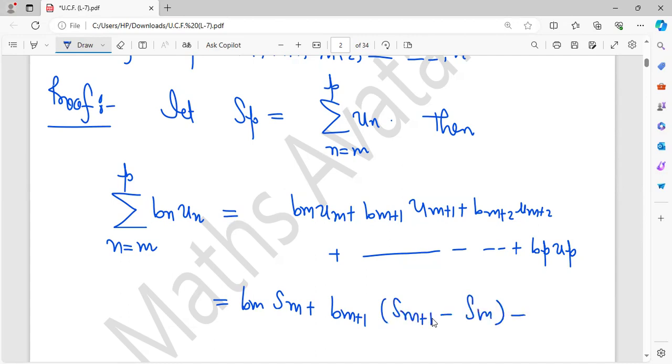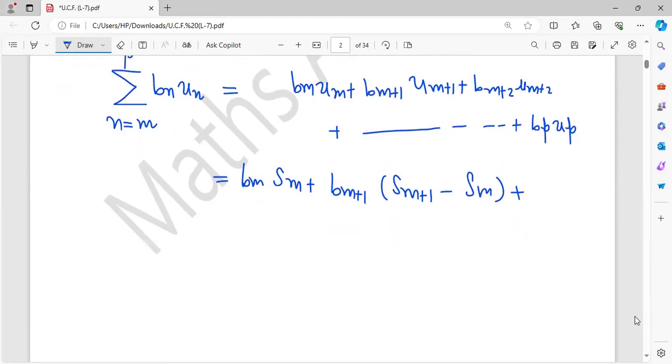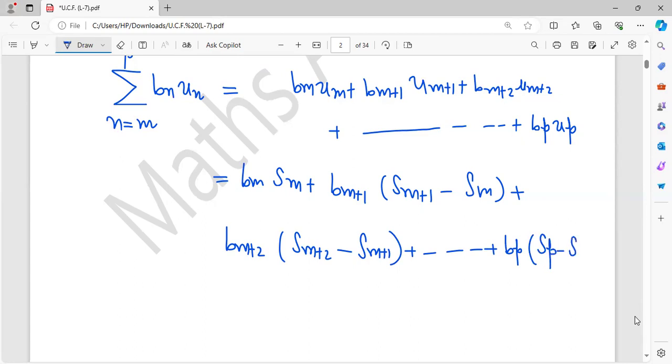And Um plus 2 can be written as Sm plus 2 minus Sm plus 1. So Bm plus 2 times Sm plus 2 minus Sm plus 1. And the last one is Bp times Sp minus Sp minus 1.